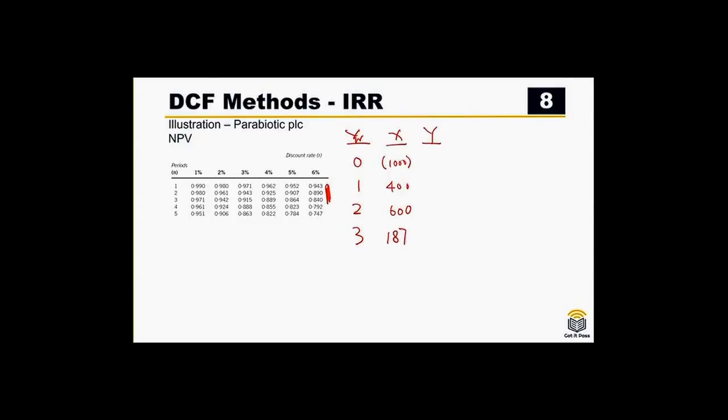And for the discount factor at 6%, year 0 is 1. For the first year it is 0.943, and the second year is 0.890.